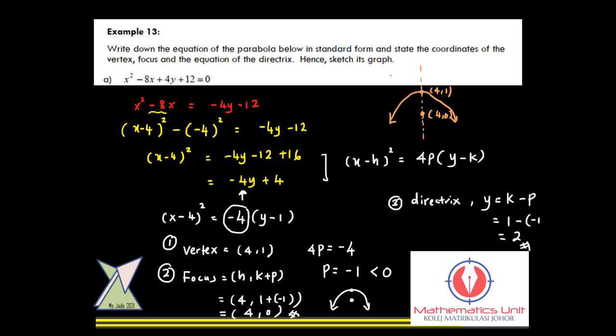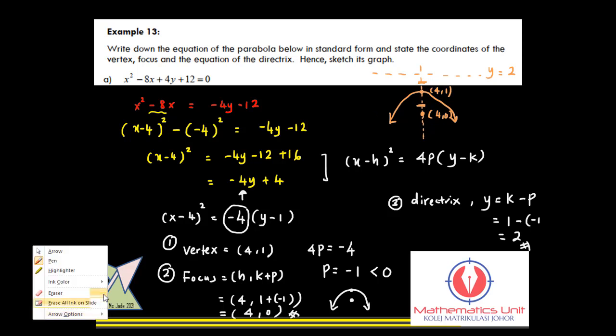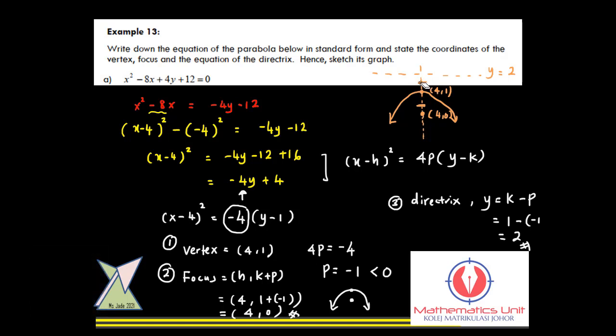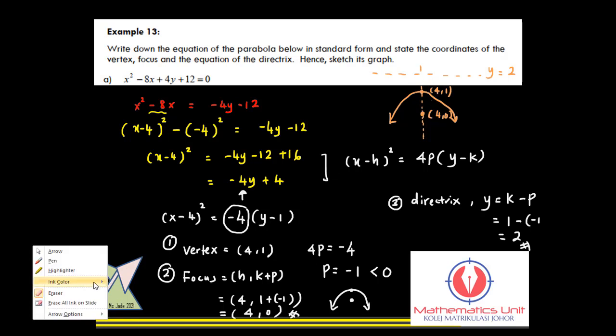And the directrix line, we try to draw it symmetrical, and also the distance p from the vertex to the directrix, and also the distance from the vertex to the focus, try to make it equidistant. Okay, but you don't need to label it. You don't need to mention equidistant, but logically they should be equidistant from the vertex point.